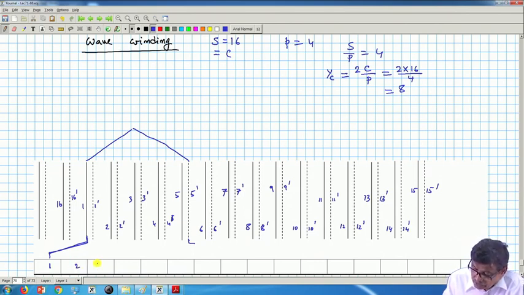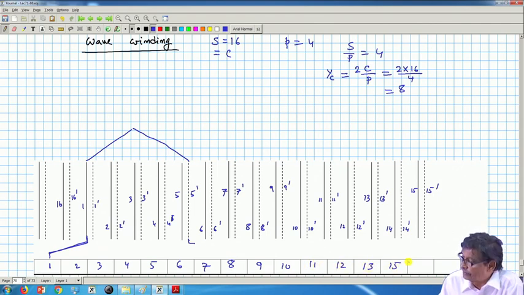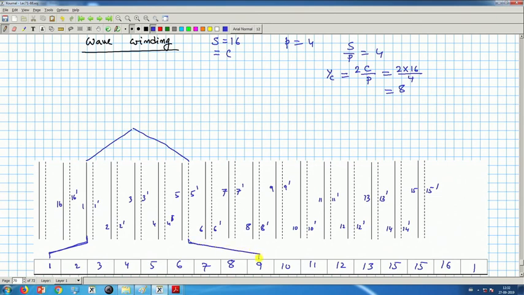So, 1, 2, 3, 4, 5, 6, 7, 8, 9, 10, 11, 12, 13, 14, 15, 16, this will be once again 1. This slot is not there, 16 slots. So, this I will terminate on this segment 9.